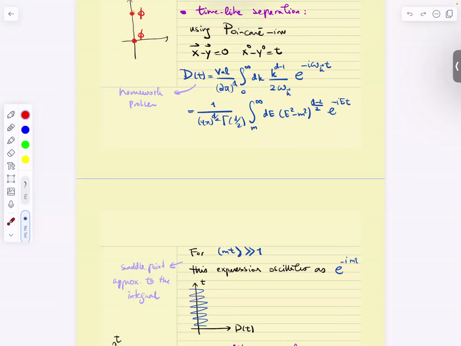So when you take the 2-point functions and separate them in time by a lot, what is a lot? There's only one scale in the problem, 1 over m. So when mt is very, very large, the 2-point function oscillates with frequency set by the mass. So this is the behavior of it.